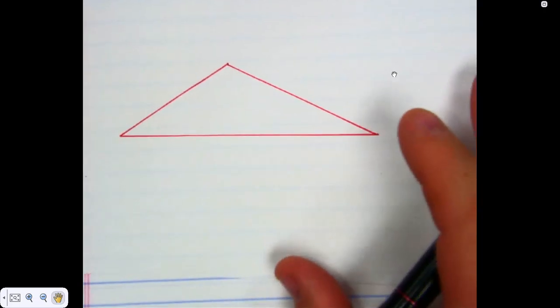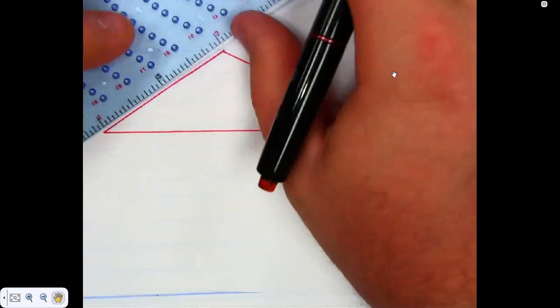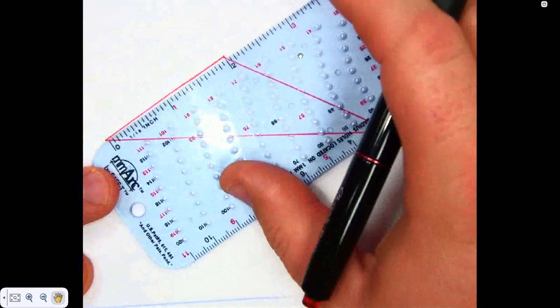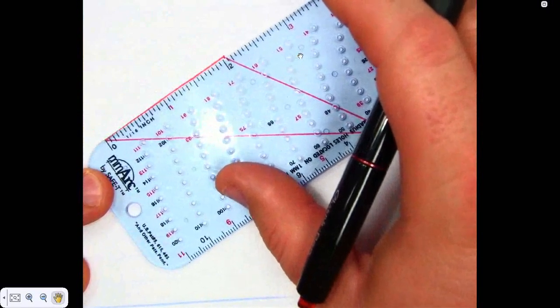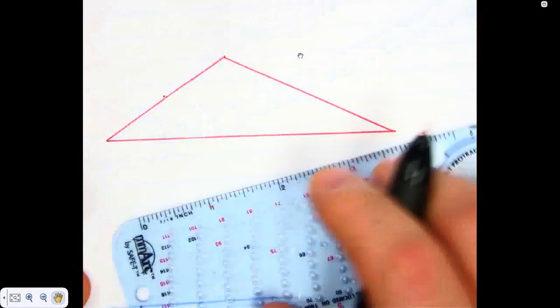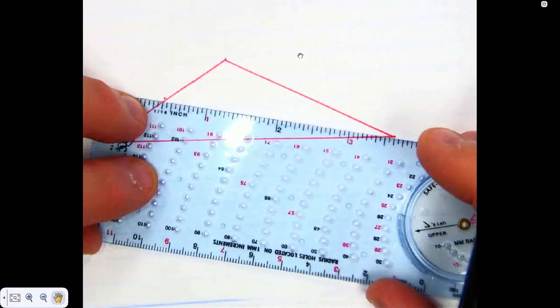He's the man. Okay, I am going to do my best to draw three medians. Now, the nice thing about medians is all you have to do is find the halfway point. How do you do that? It's a triangle. You measure it.